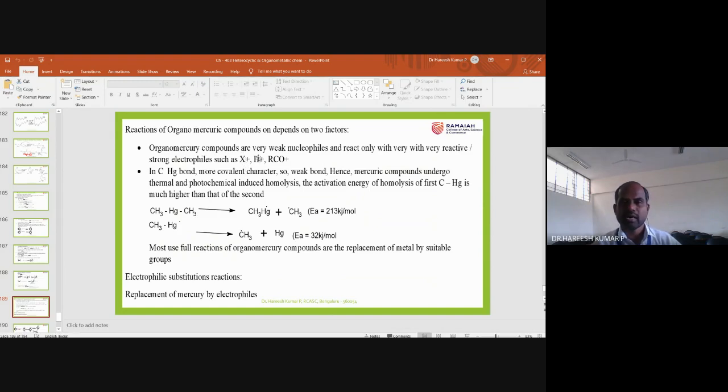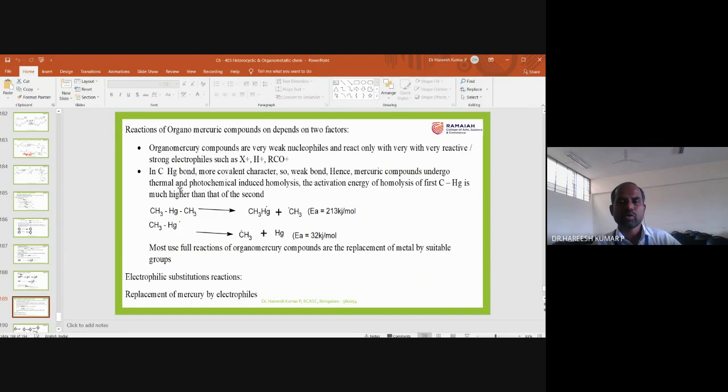H plus means an acidic source, a proton, maybe from HCl or sulfuric acid or PTSA, and then acetyl group, meaning RCO plus, or maybe an alkyl group. Alkyl may be methyl, ethyl, propyl.